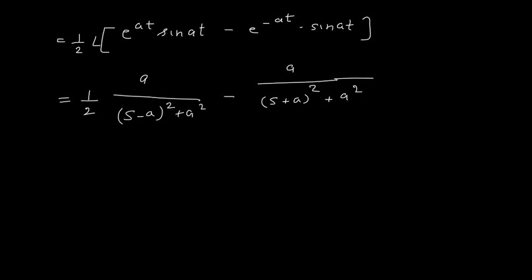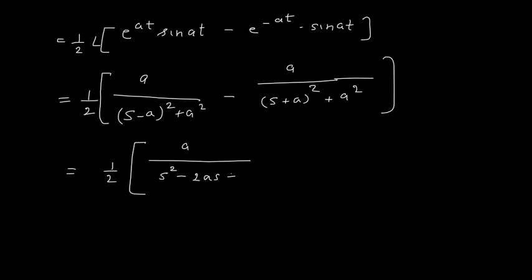Now let us do a little simplification. So this is 1 by 2, here I have a upon, now if I expand this, I will get s square minus 2as plus a square plus a square. Here I have a upon s square plus 2as plus a square plus a square.